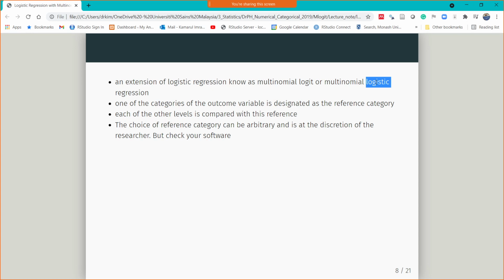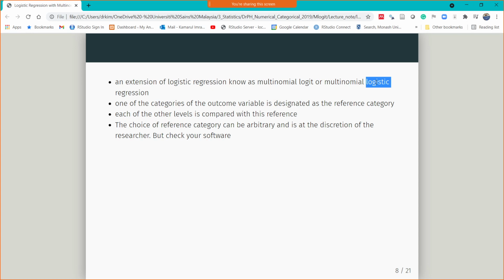But that depends on the software. The software can allow any choice of group. So be careful when you deal with categorical outcome. You have to make sure which is the correct reference category.